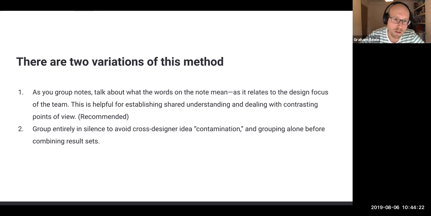You can also group entirely in silence to avoid cross-designer idea contamination, grouping alone before combining the results. I'm trying to think of a scenario where this could be useful: if you have a very diverse audience with very different needs, so maybe you have a product you're selling which has a consumer version, and then a B2B version where they are expert users, power users, and they don't like to be patronized, they just want to do what they normally do very quickly.